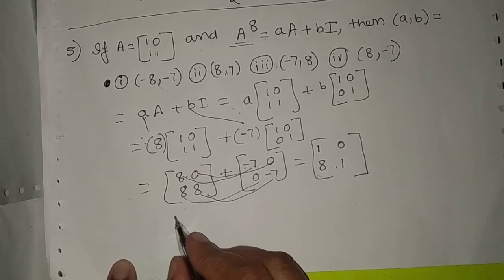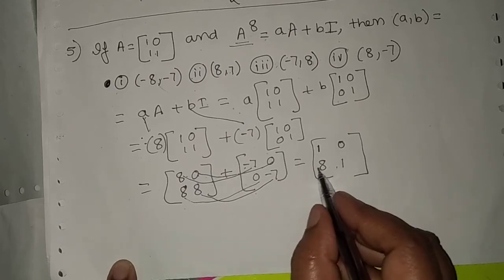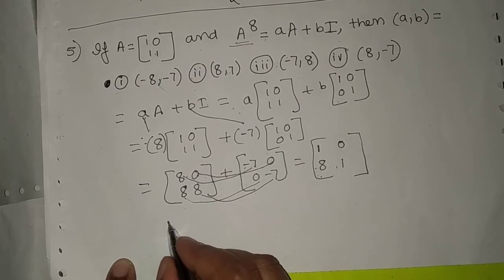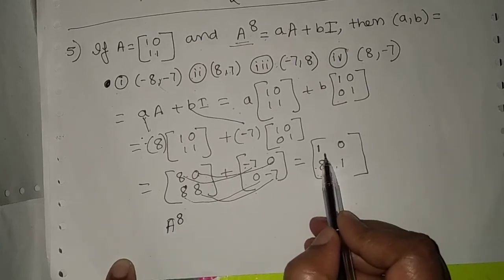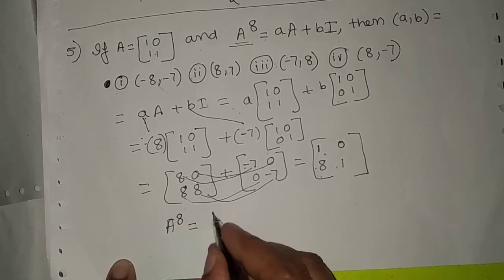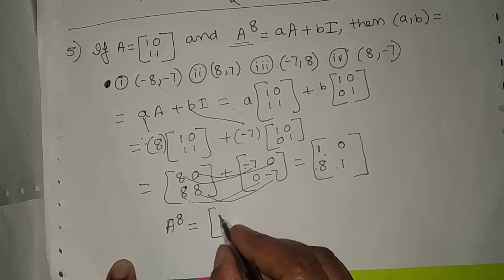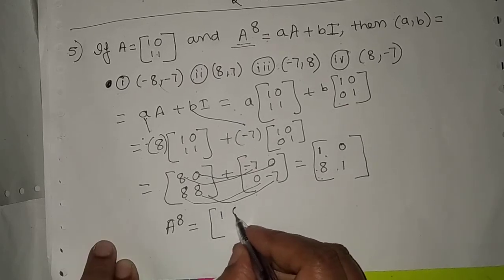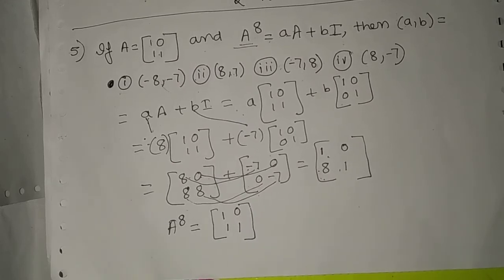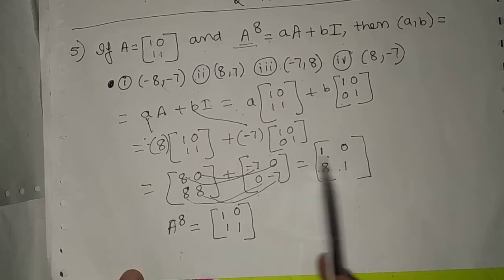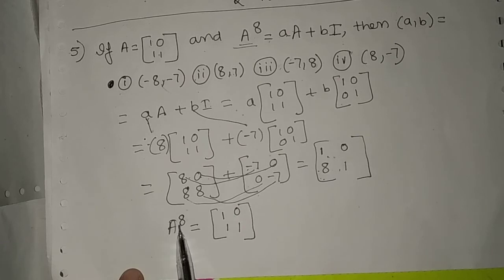Now how we can write this one, A power 8 can be written as 1 0 8 1. So this is A power 8. This we did. Then we can write it to the power in this form.